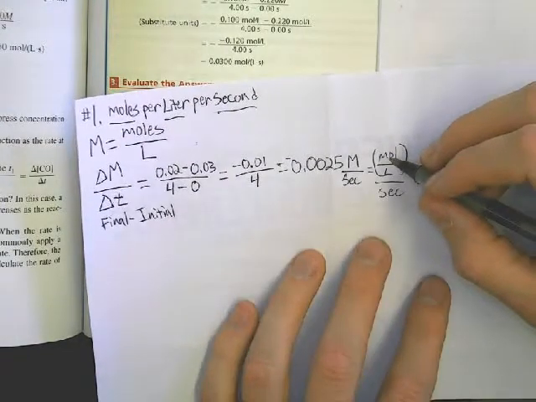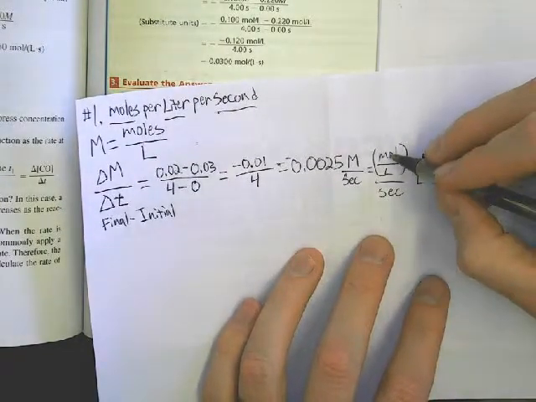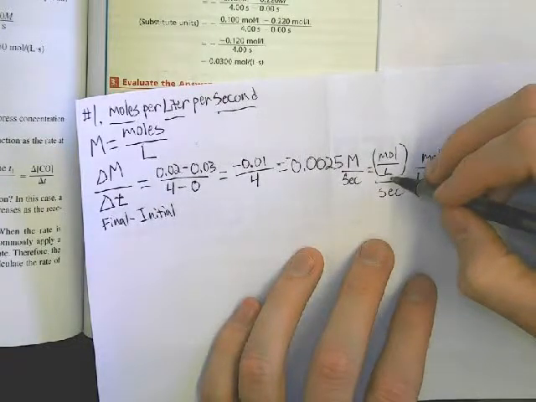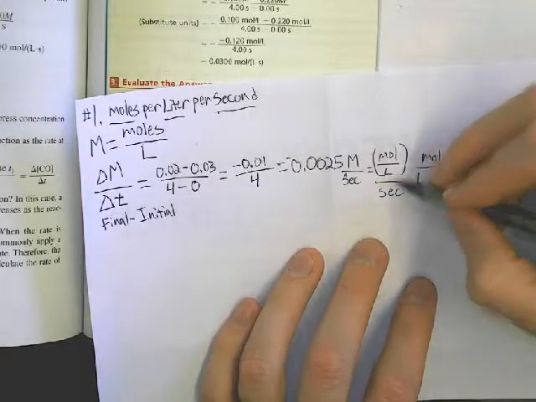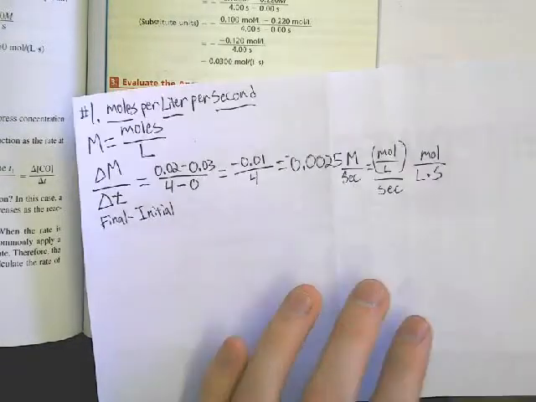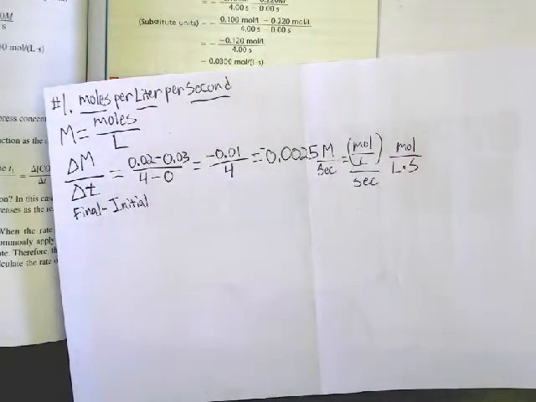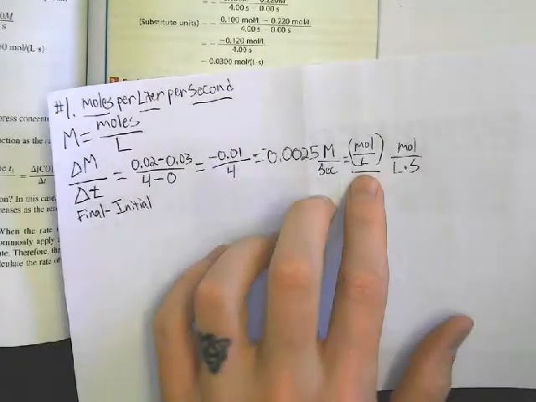Okay, so let's think about this. Moles is being divided by liters, right? Which is being divided by seconds. So if you were to go on your calculator, again, this is math, so I'm not going to go too far into it, but I want to make sure you at least kind of get this point.